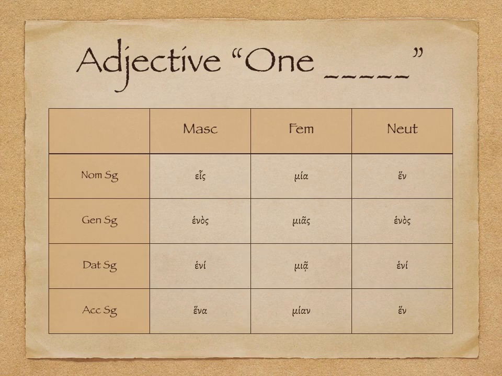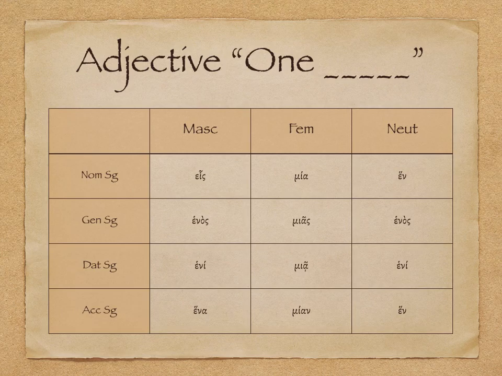We also are learning here in chapter 10 adjectives, and the adjective as a numeral 1. Various forms here. Heis, mia, and hen, if you follow the nominative singular all the way across, that means one. Heis, mia, and hen, but it must, as an adjective, have agreement with the noun it modifies.